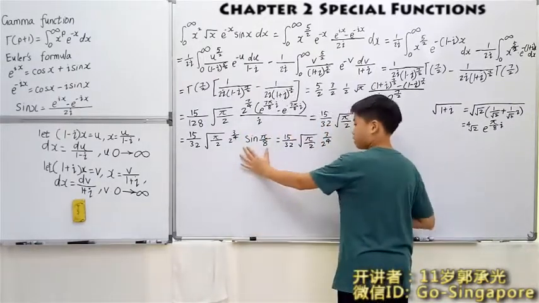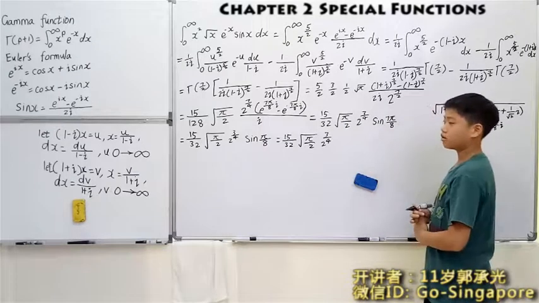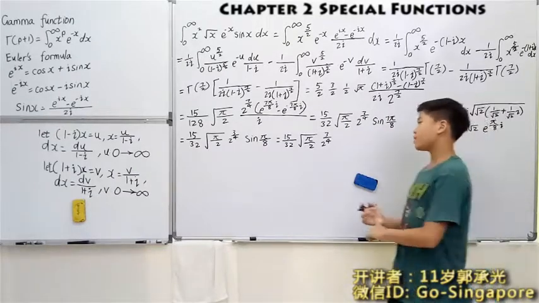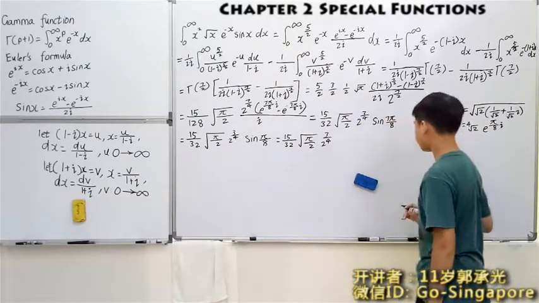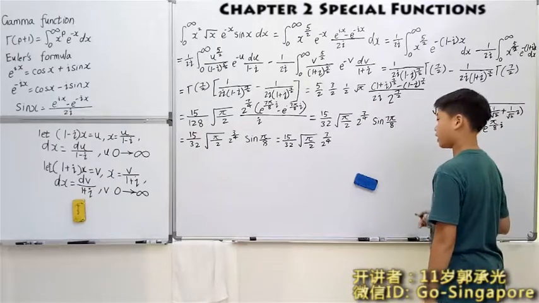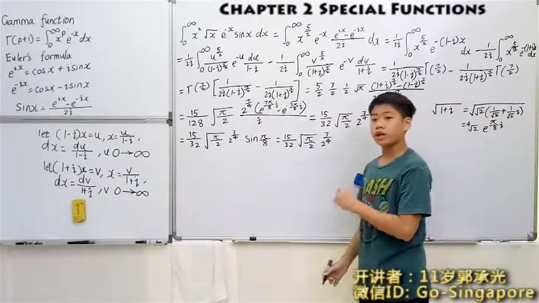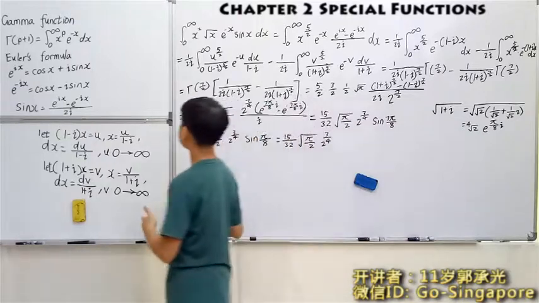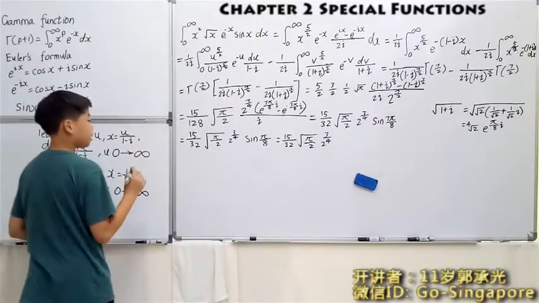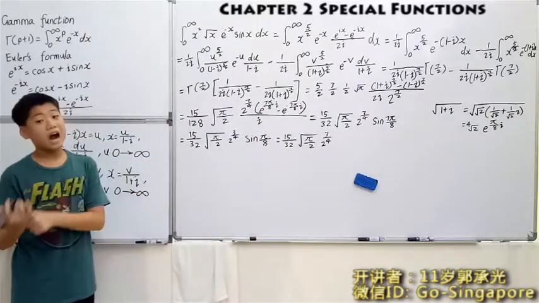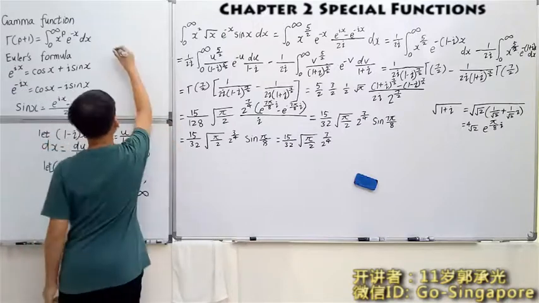But this part, we know sine pi over 4, cosine pi over 4, but then pi over 8. Wait a second. Pi over 8, pi over 4. Let's use that. You can call it the double angle or the half angle formula.